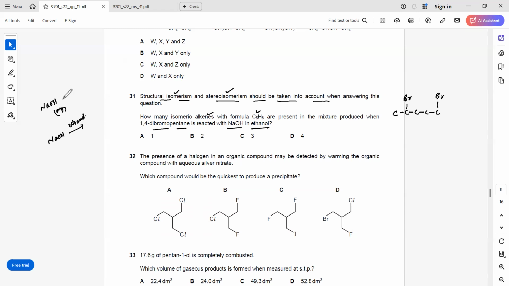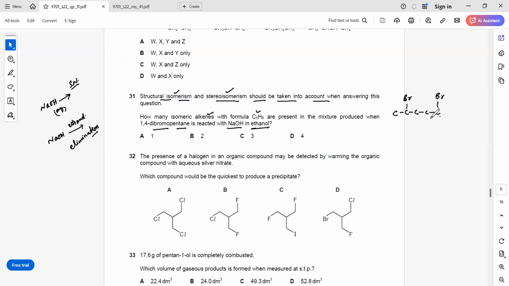If we treat it with aqueous, then it gives SN reaction, nucleophilic substitution reaction. But when we treat with sodium hydroxide in presence of ethanol, then it gives elimination reaction. Elimination reaction means it will give us an alkene.